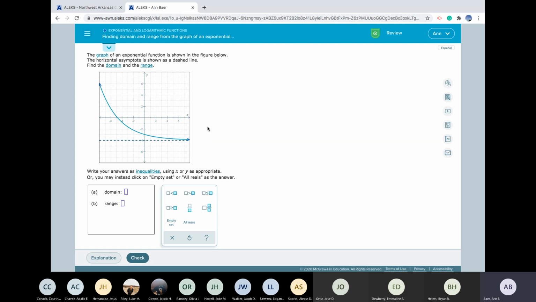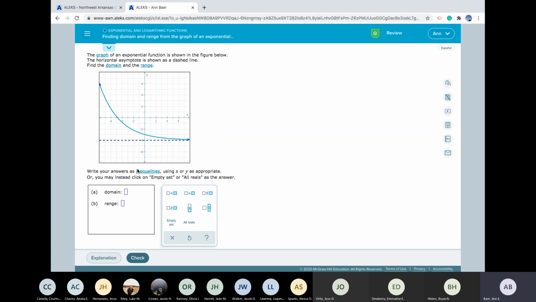This horizontal dashed line is not part of that graph. You could think of it more as a guide. Our graph approaches that horizontal line, doesn't cross it, and doesn't intersect that horizontal line. It may look like it's going to, but it doesn't. It just goes down so slowly that it does not ever intersect the horizontal asymptote. We want to find the domain and range of the graph.